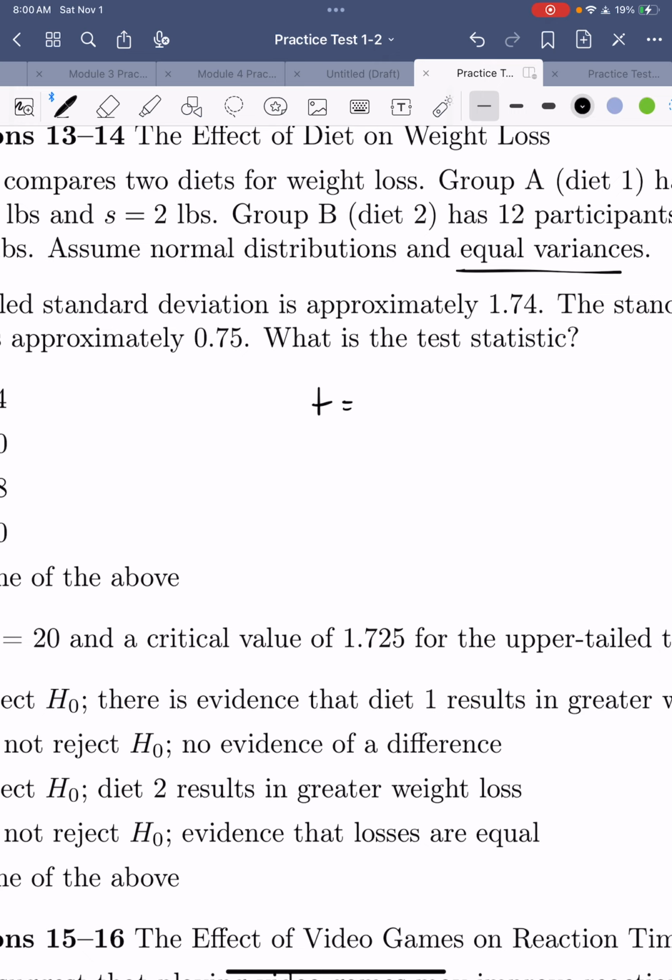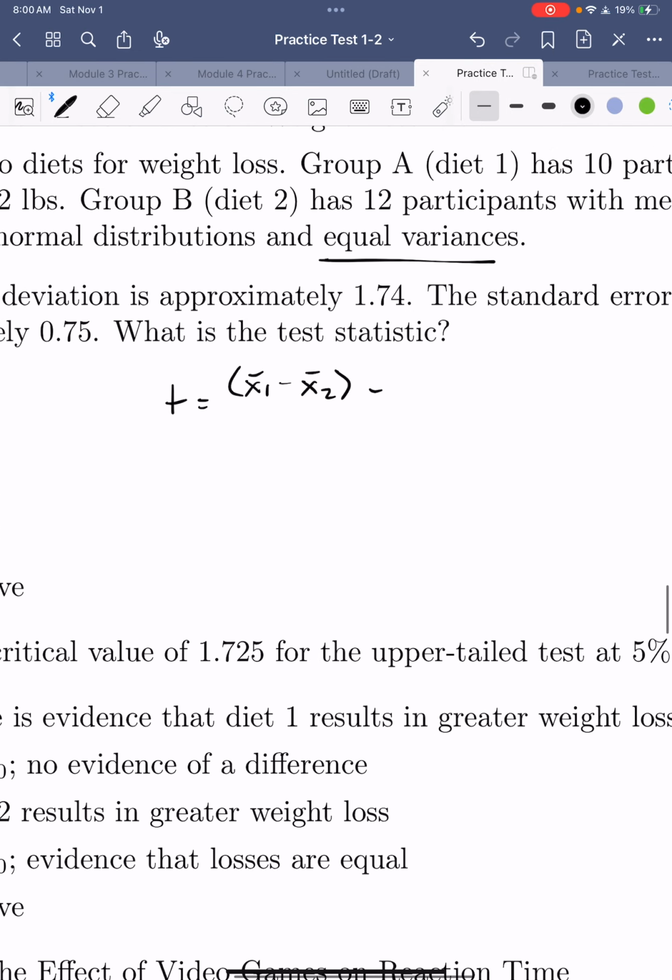We have our test statistic T, which is equal to our x bar 1 minus our x bar 2 minus our difference of means, mu1 minus mu2, divided by SP times the square root of 1 over n1 plus 1 over n2.